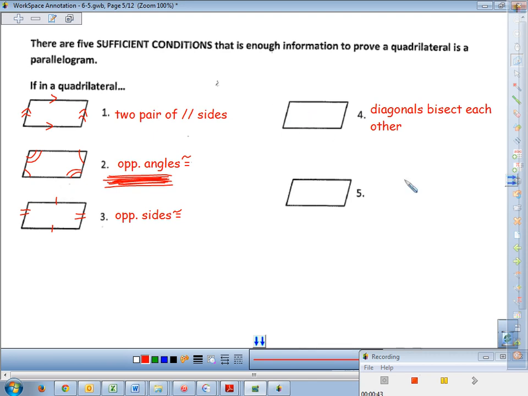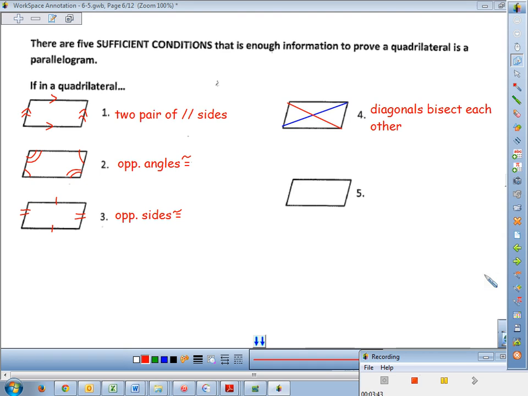Let's put that in our picture. Draw me the diagonals bisecting each other. Probably a good idea to use a straight edge. Does the red one cut the blue one into 2 equal pieces?